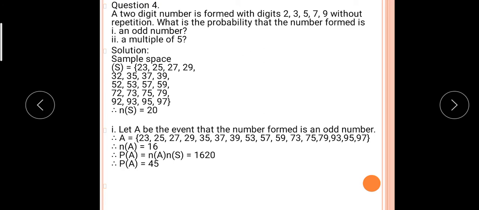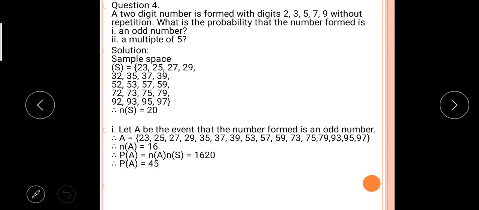So let A be the event that the number formed is an odd number. So how many are the odd numbers? 23, 25, 27, like this. If you take from these, there are a total of 16 odd numbers. So P of A is equal to n of A upon n of S, 16 upon 20, that is equal to 4 upon 5.